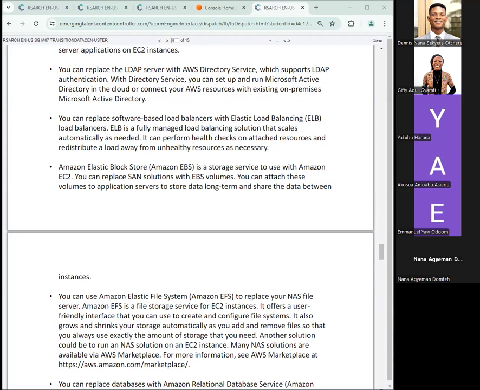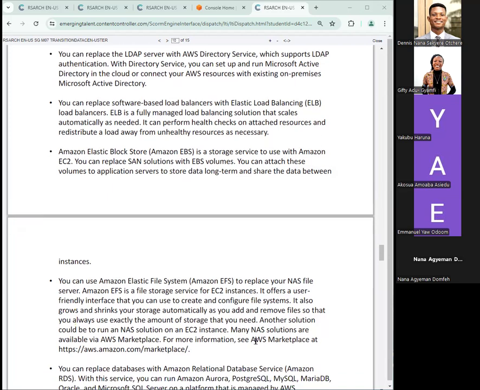And the cloud architecture here has revealed to us that this is how it should be provisioned. That's the NAS and the SAN. The SAN belongs to the EBS, and the NAS and the file system belongs to the EFS. Yes, so this is how I want to take it.